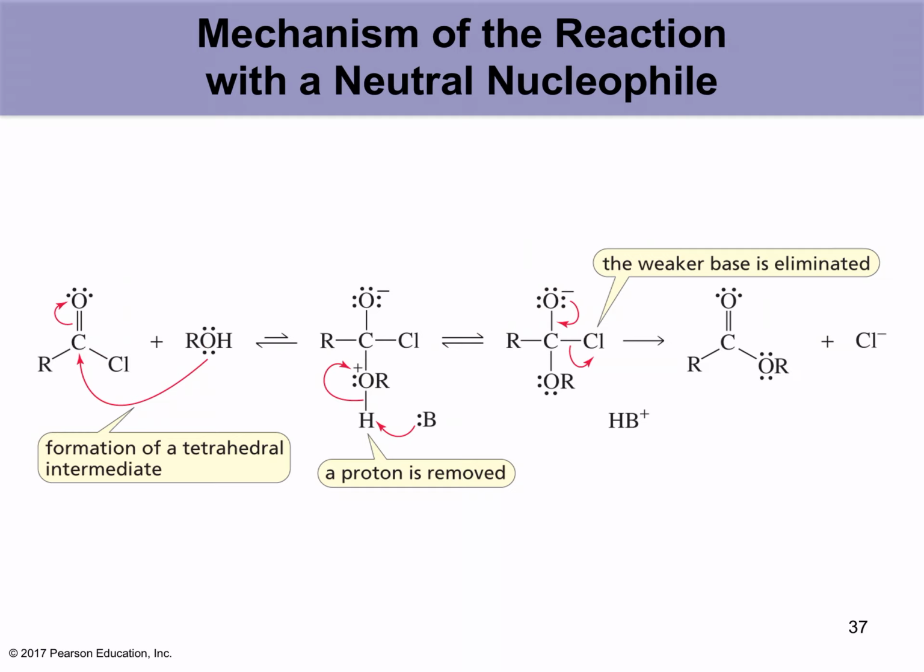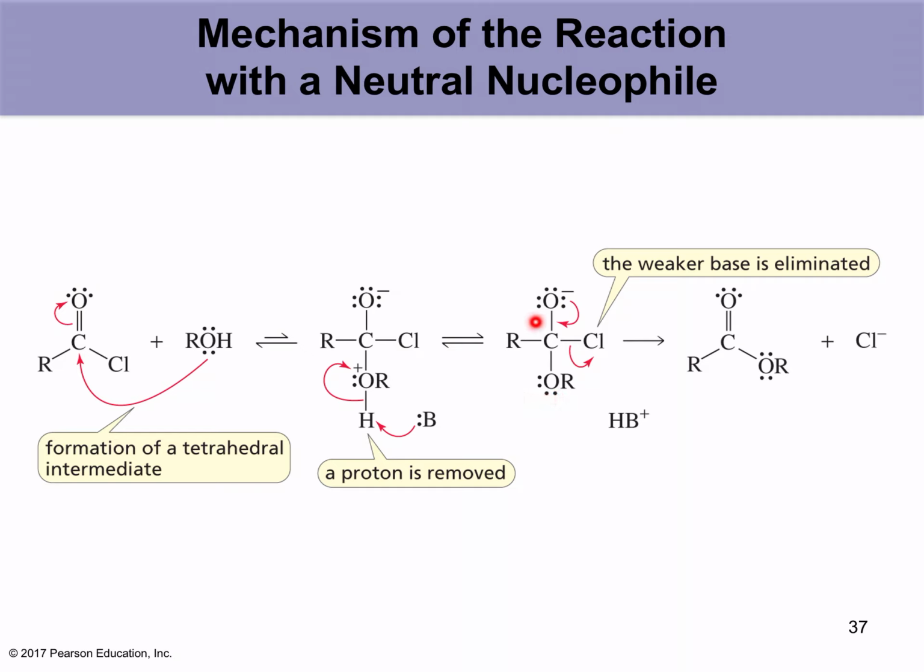Mechanism of the reaction with a neutral nucleophile. If the nucleophile is neutral, for example an alcohol, the lone pairs on the oxygen still act as a nucleophile and attack the carbonyl carbon, forming a tetrahedral intermediate. Since we started with a neutral molecule, when it attaches, the oxygen will still have the alkyl group and the hydrogen, so a base will come and grab that hydrogen and make it neutral.